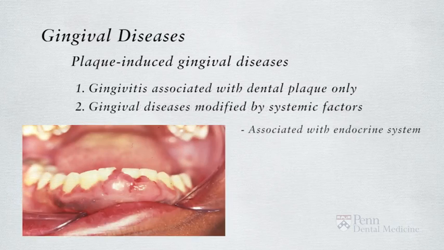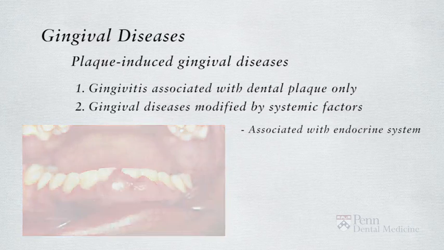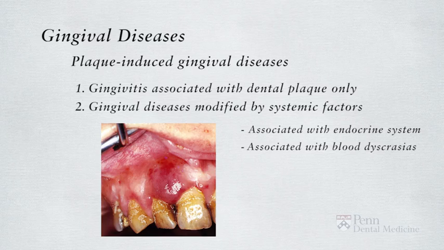One such example is gingival diseases associated with the endocrine system. An example would be puberty gingivitis, hormonally mediated gingivitis, or gingivitis during pregnancy stimulated by the hormone progesterone. There's also gingivitis associated with blood dyscrasias, such as the various types of leukemias.